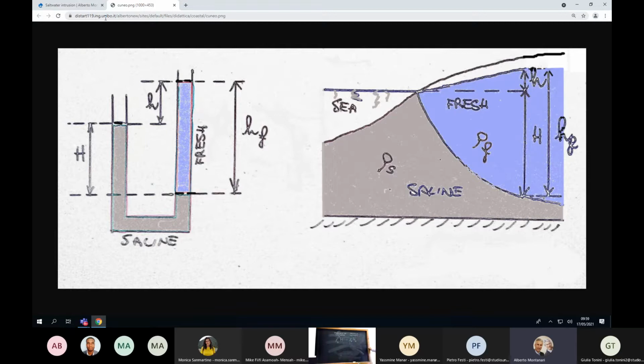Good. I can rewrite this equation in this way. Gamma S times H is equal to gamma F times (H plus lowercase h). What is lowercase h? It is the altitude of fresh water into the land with respect to the sea level.